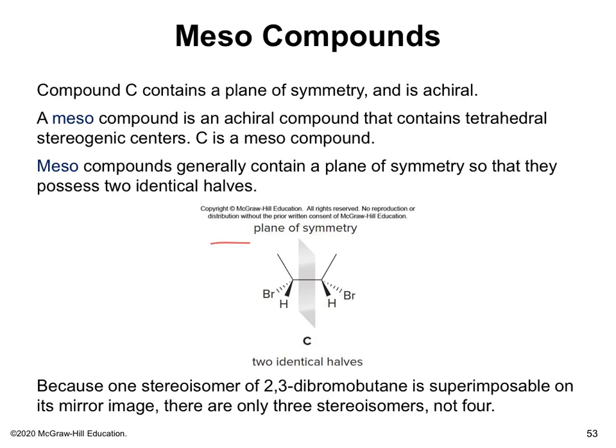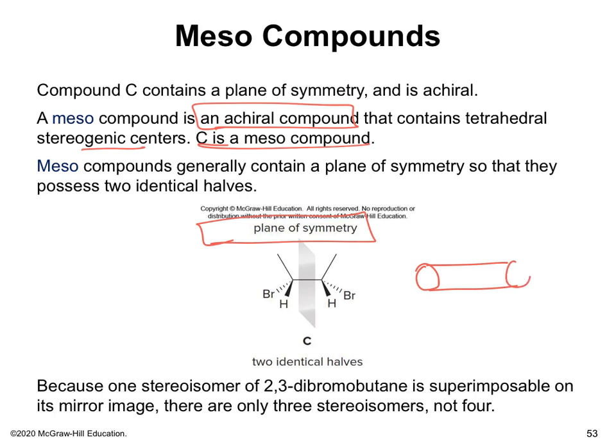So what you need to know is meso compounds have a plane of symmetry and they're achiral. Meso means that they have a stereogenic center, but because they have a plane of symmetry, they're achiral. Maybe in your book it talks about it, I don't go into it in this curriculum because of time, but there's this polarimeter that rotates plane polarized light.